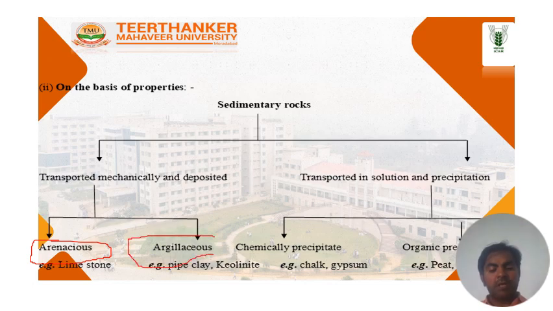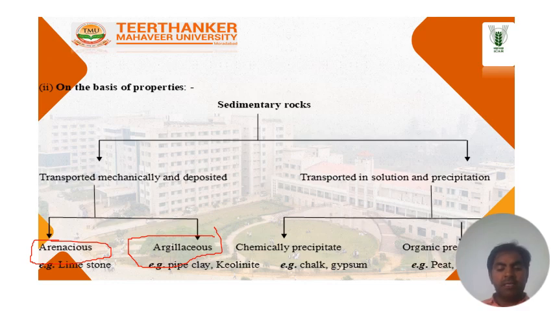In the case of arenaceous, calcium carbonate dominated sedimentary rocks, for example limestone, sandstone. In argillaceous, mostly silica dominated sedimentary rocks are found, or sodium or some other element dominated rocks, for example pipe clay, kaolinite.